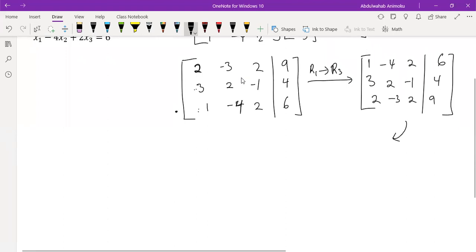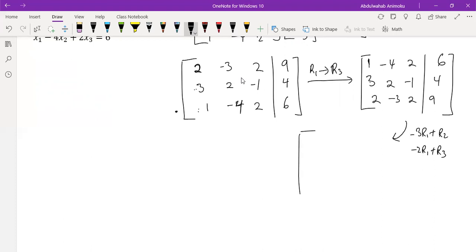So we know that minus 3 R1 plus R2 would reduce R2, and then minus 2 R1 plus R3 will reduce R3. Notice that we're trying to make this entry 0. We're trying to make this entry 0. So now what do we have? We didn't touch R1, so this remains.